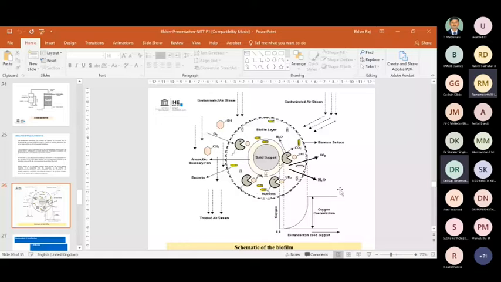But in a real biofilm system, it is completely based on chemical engineering principles of diffusion. So diffusion means the contaminant has to pass from the gas phase to the biofilm phase. So it has to diffuse through the biofilm interface. It has to come from the gas to the liquid phase.